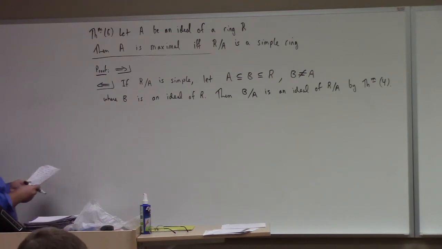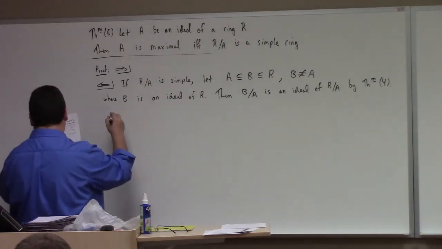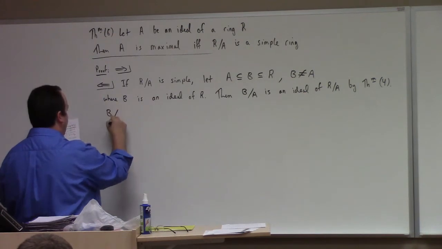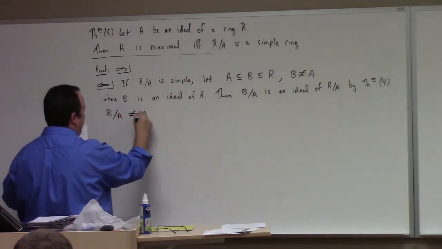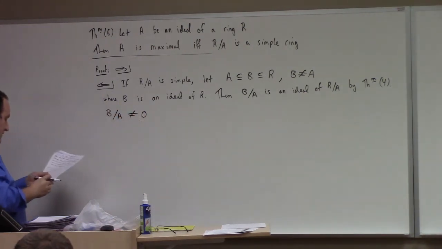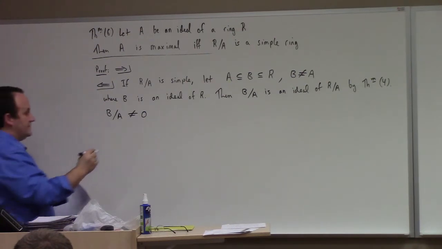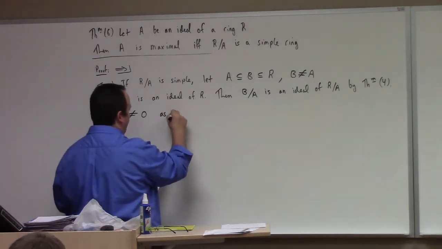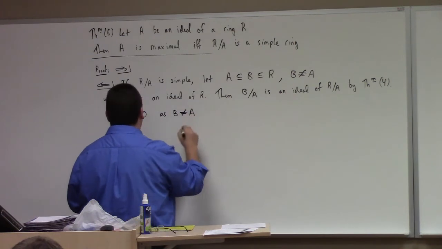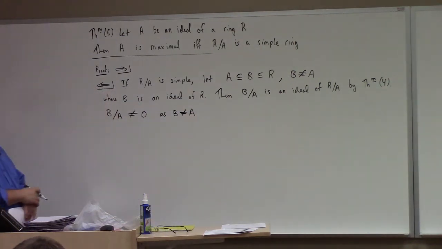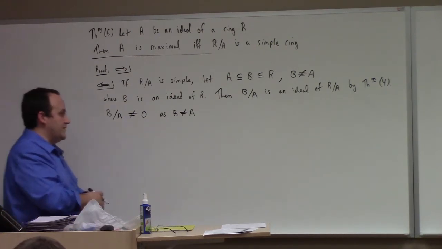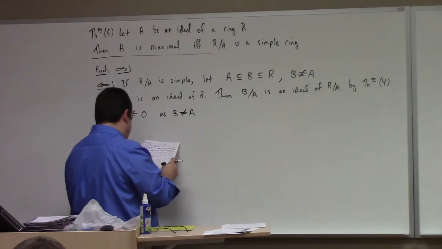Now, what else do we know? B over A is not equal to 0. How do we know that? Right, because B is not equal to A. So B not being equal to A means there's at least something in B which is not in A, and that gives you a coset besides just A in there.